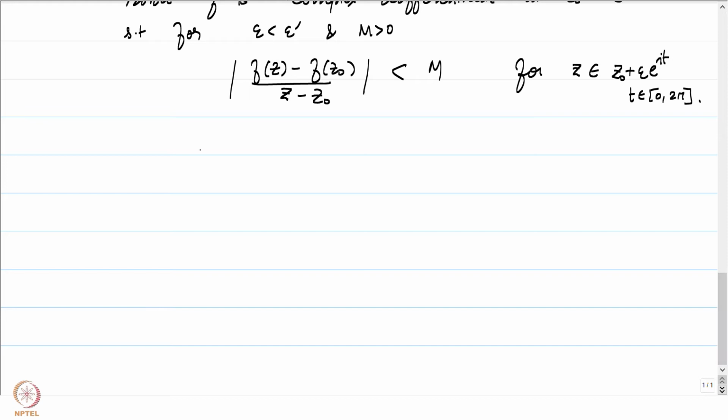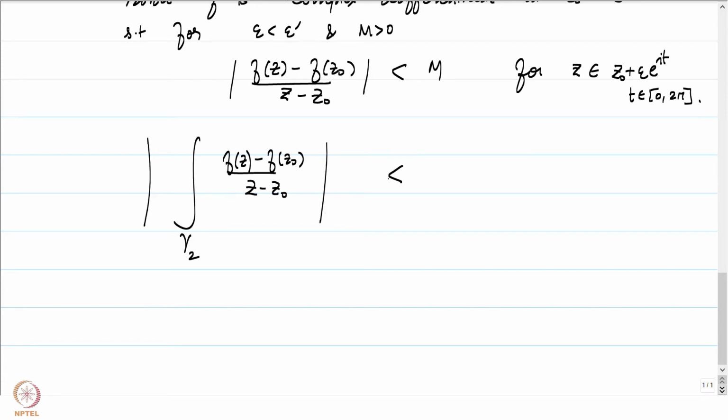So let's look at the integral of f of z minus f of z naught by z minus z naught over gamma 2, which is the circle of radius epsilon around z naught. Let's consider its absolute value.